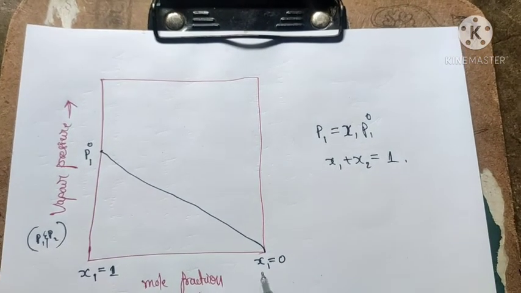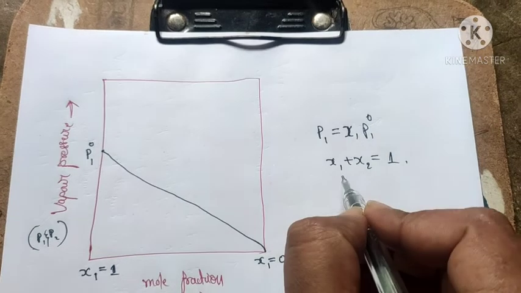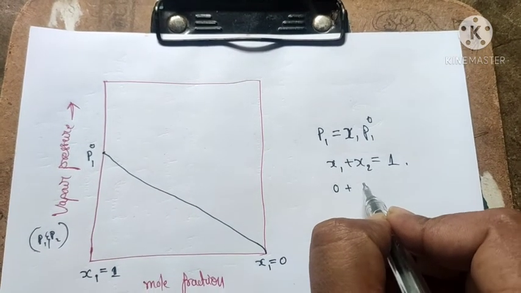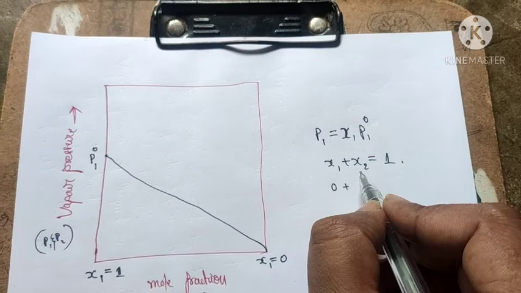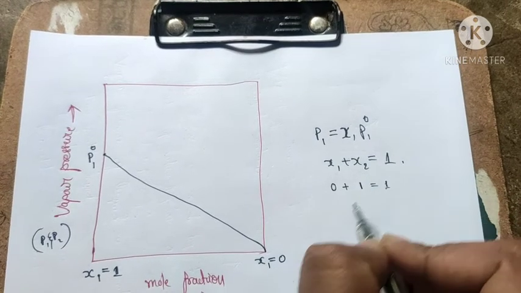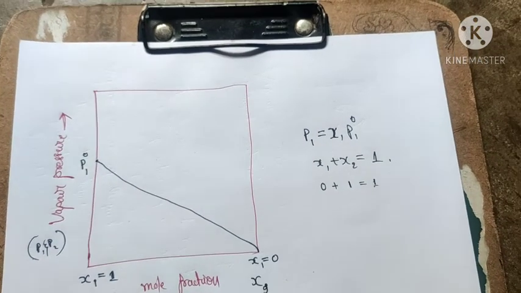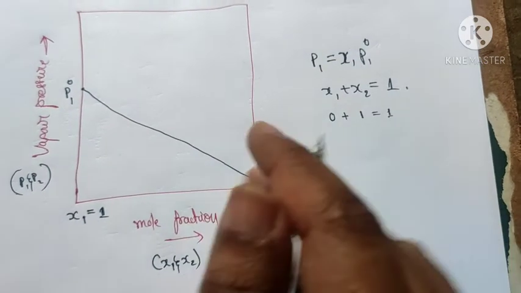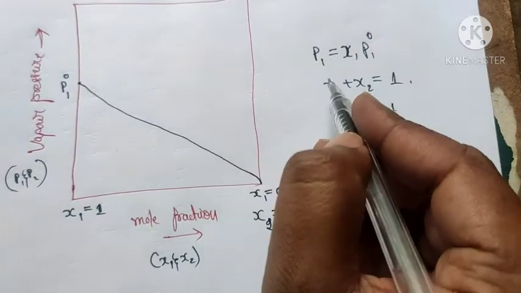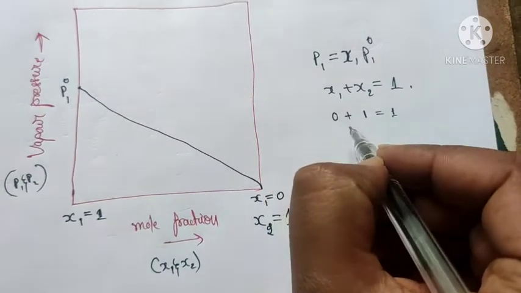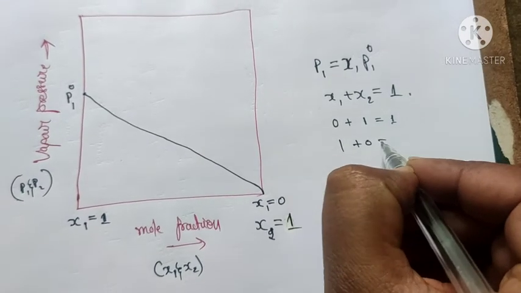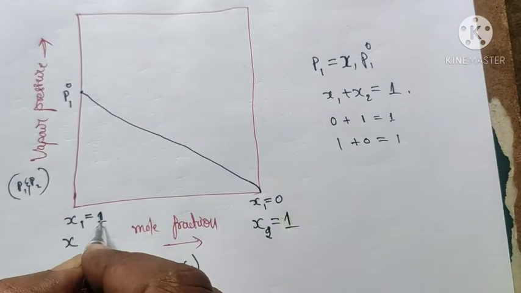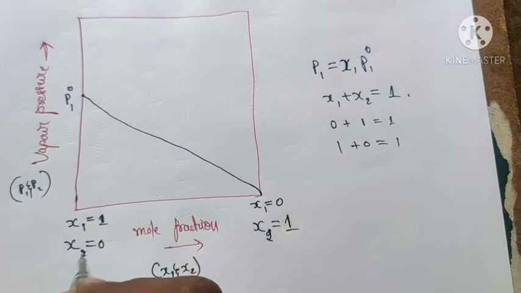Where x1 is 0, x2 is equal to 1. Where x1 is 1, x2 becomes 0.